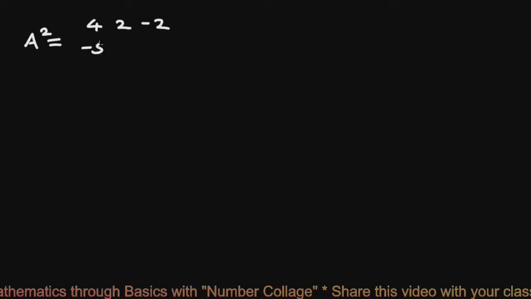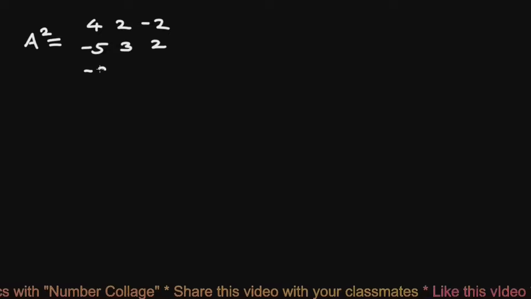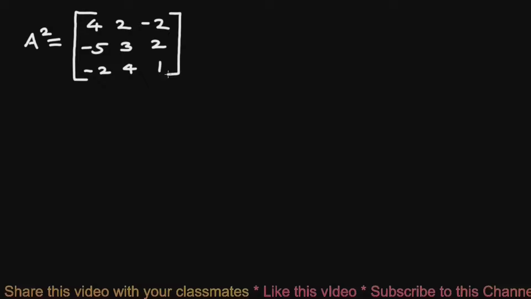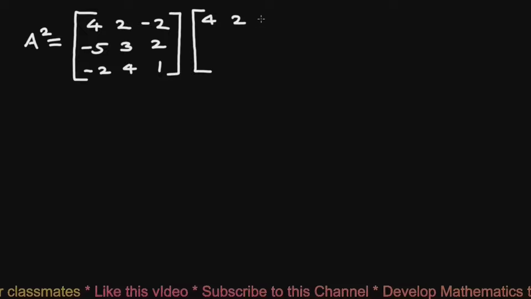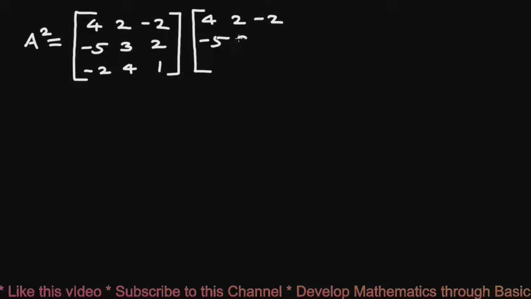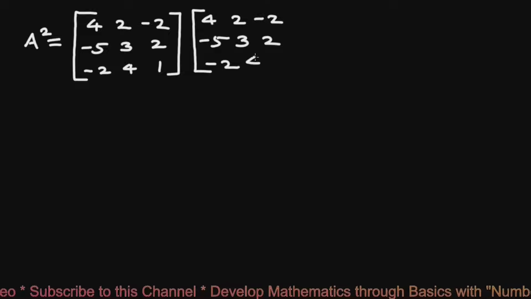We write A square as matrix A [4, 2, -2; -5, 3, 2; -2, 4, 1] multiplied by the same matrix A [4, 2, -2; -5, 3, 2; -2, 4, 1].